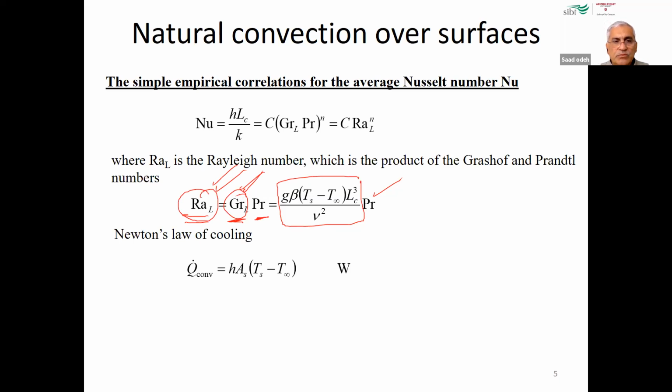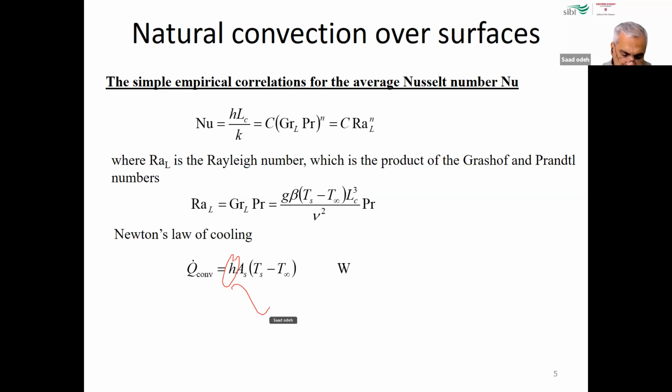Now if we want to find heat transfer by natural convection, then we should follow this equation, of course, Newton's law of cooling. The only problem comes when we want to find h, because h is found from the Nusselt number.